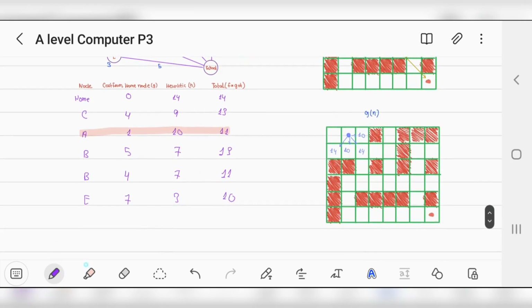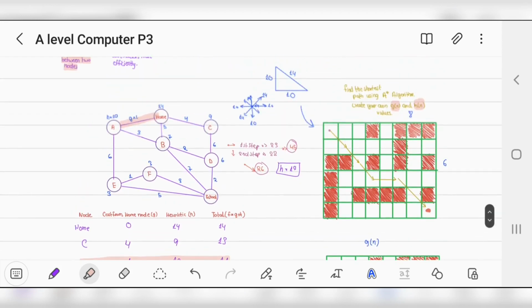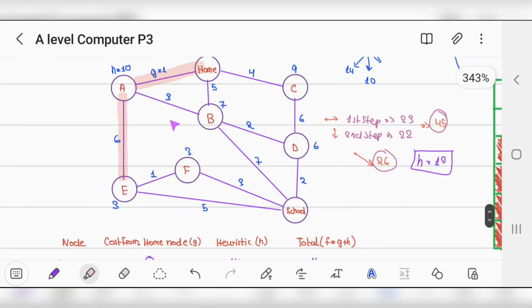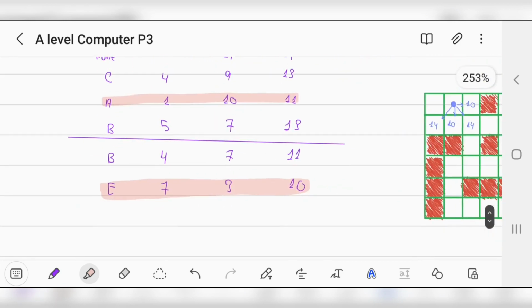We are only seeing the total. So this is the lowest, so highlight this.